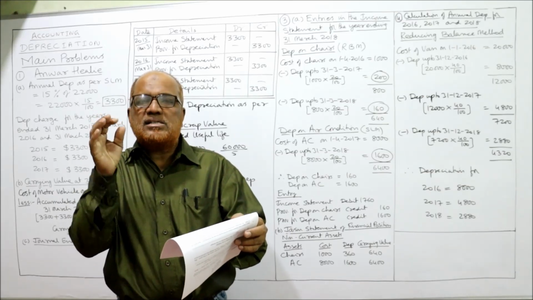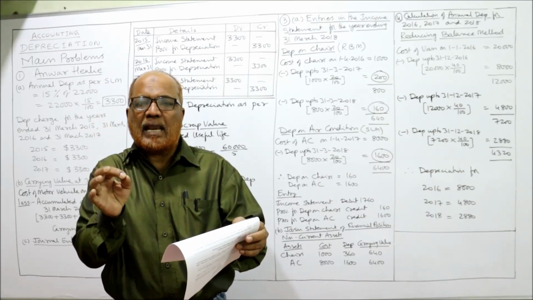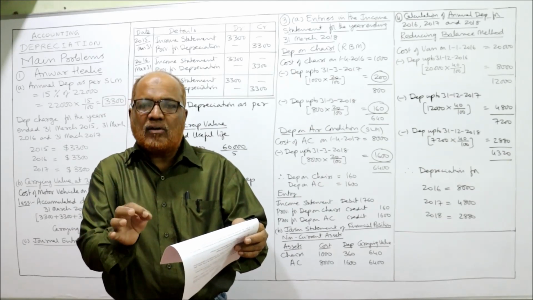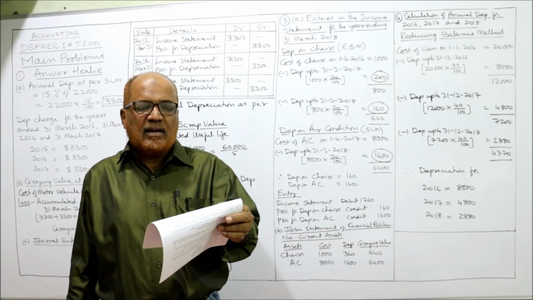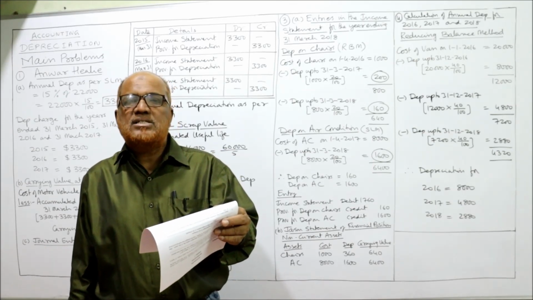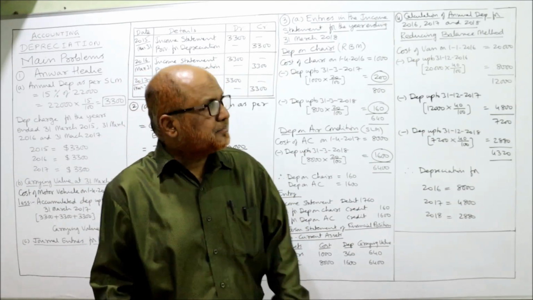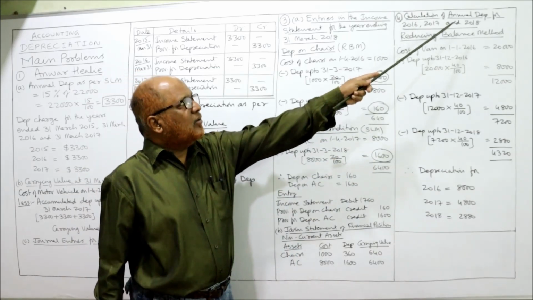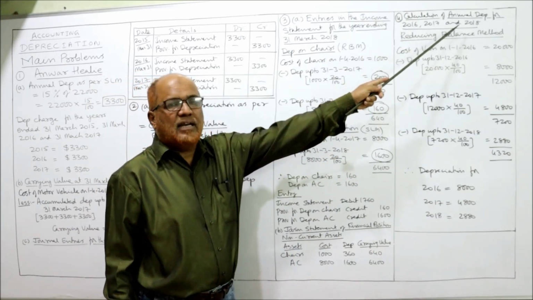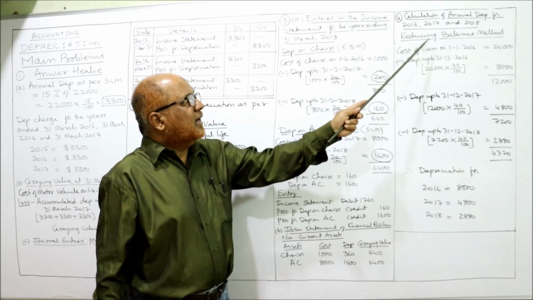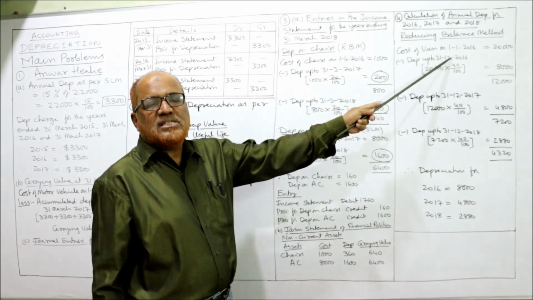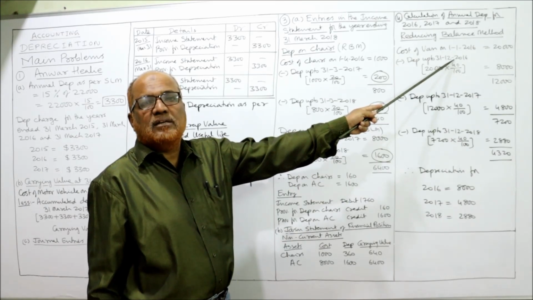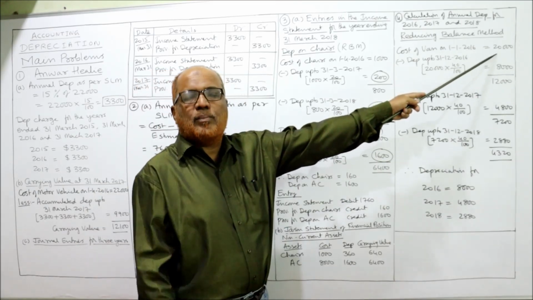So 3 years depreciation we have to calculate. And the method of depreciation is reducing balance method. When it is purchased, 1st Jan 2016. See here. Calculation of annual depreciation for 16, 17, 18, 3 years. The reducing balance method we are following. The cost of van on 1st Jan 2016 is $20,000 given in the problem.